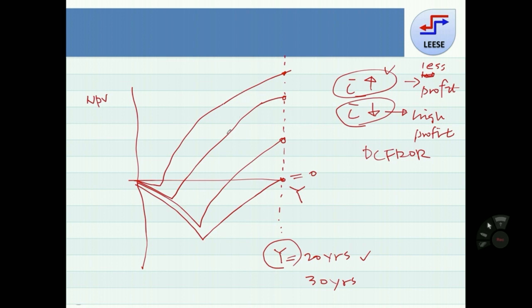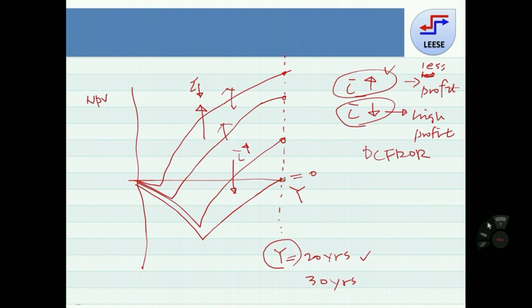Okay? So in the same project, we have different interest rates. If the interest rate decreases, the profile will go up. If the interest rate increases, then this profile will drop down.